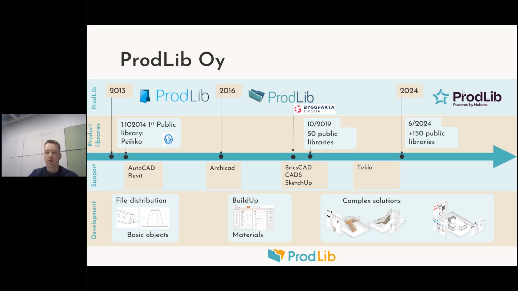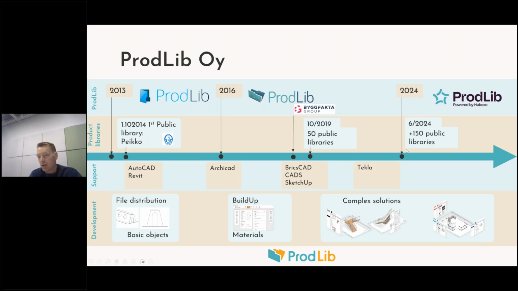Therefore the logo of ProdLib powered by Habexo. As for the content, the first libraries we published in October 2014. From there, little by little, we included more content. In the first 5 years, we had about 50 manufacturers sharing their design content through our service.